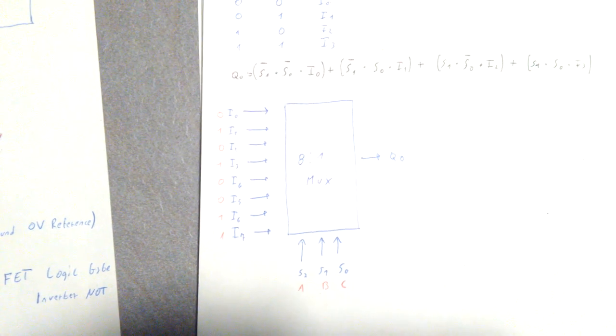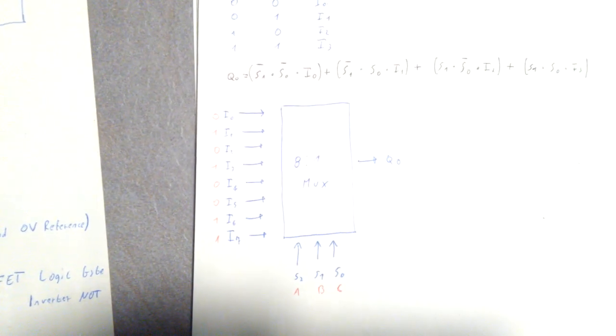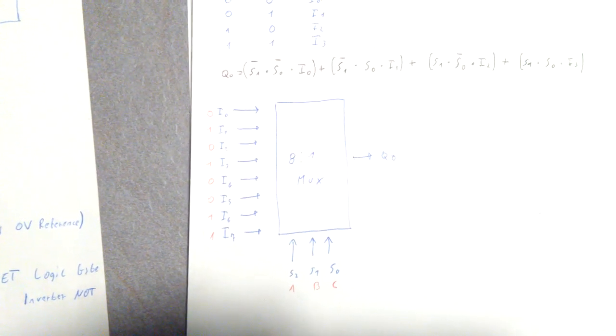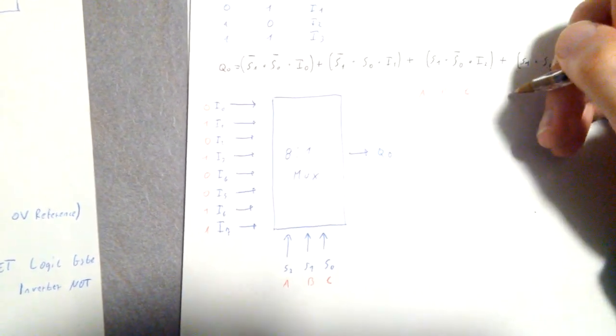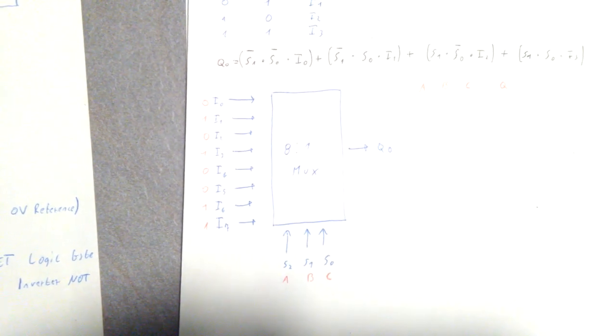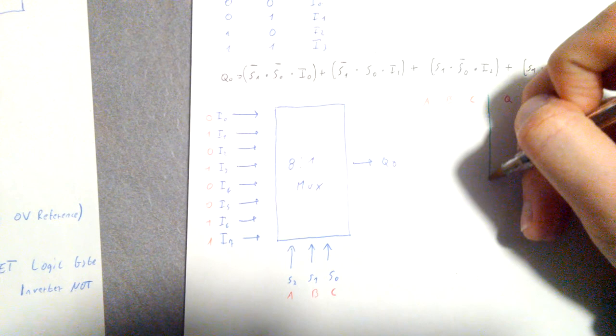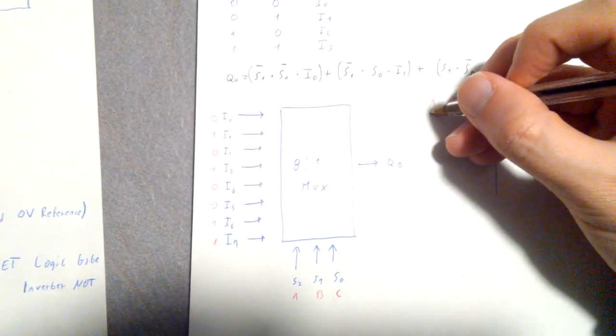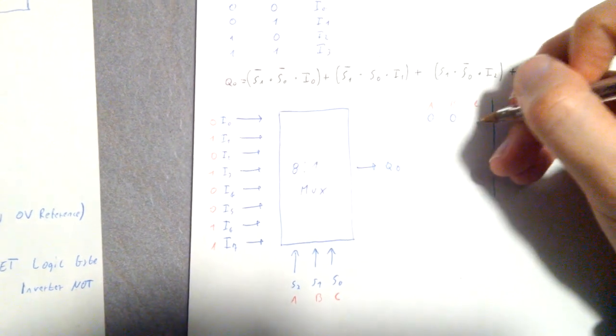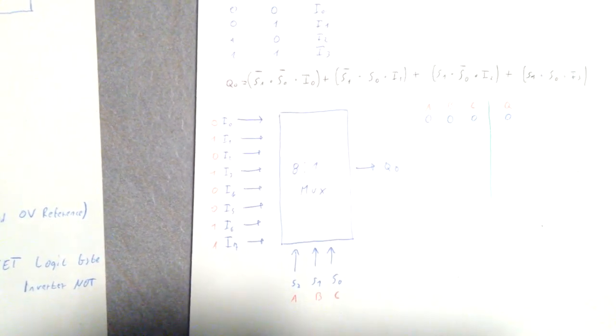And let's suppose we have a table again, where we have A, B, C, and then we have the output Q. Let's suppose that when A is 0, B is 0, C is 0, we want the output to be 0.